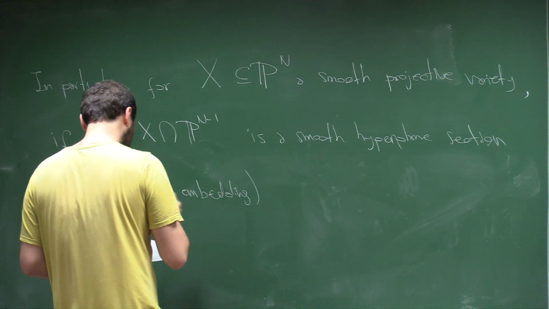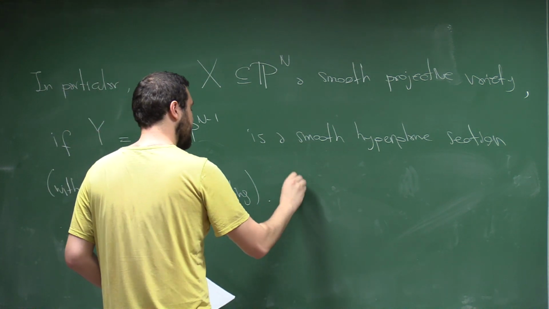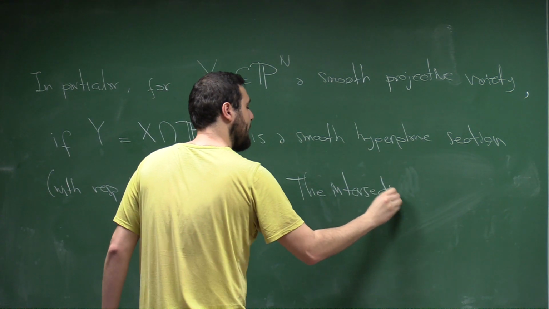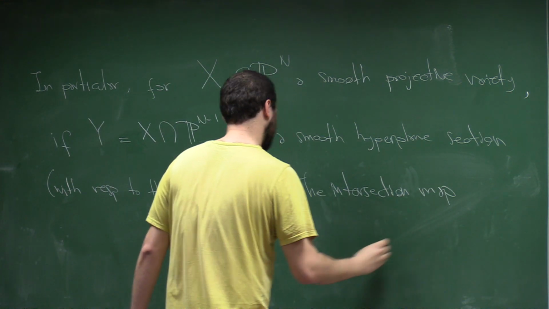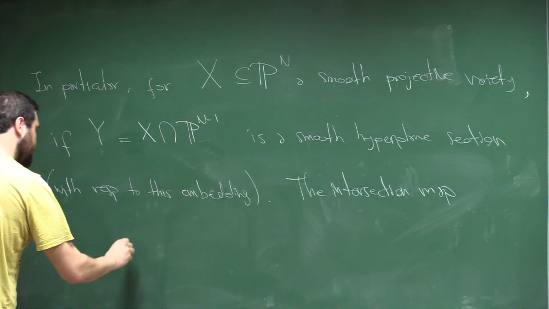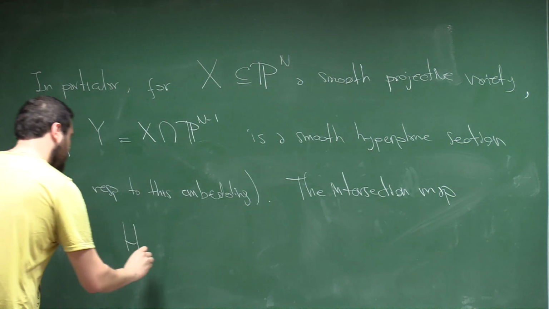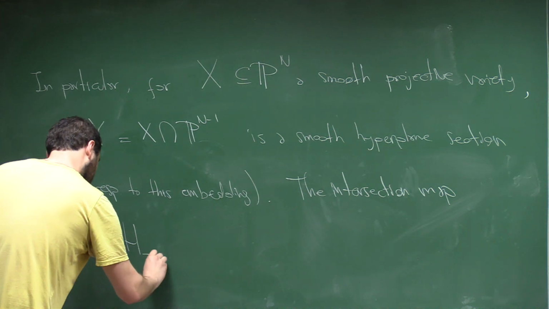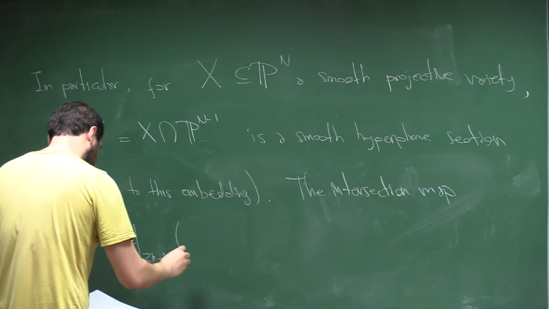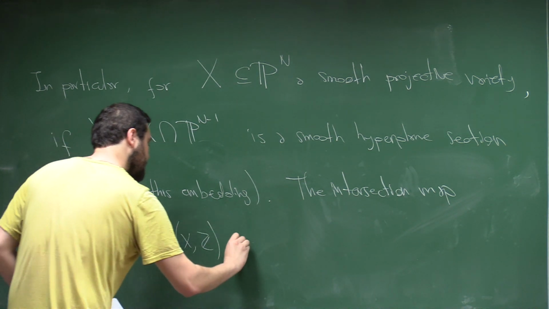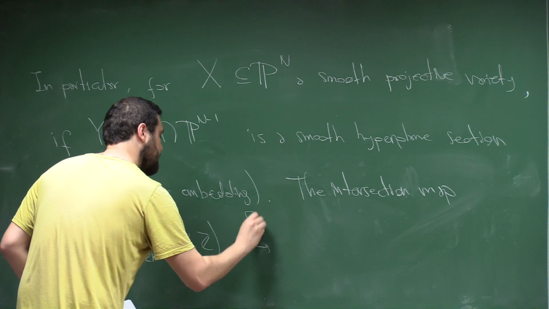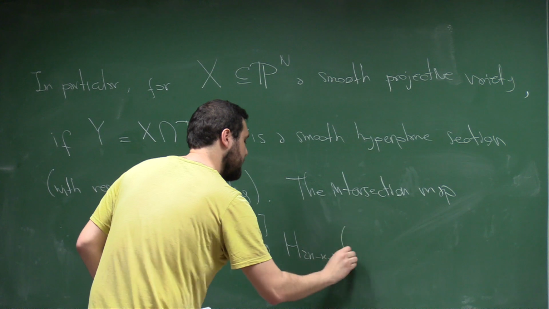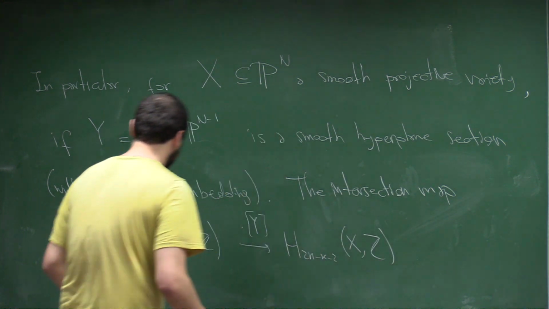We have the intersection map, that goes from H_{n-k} of x with integer coefficients, intersect with y, to H_{n-k-2} of x with integer coefficients.